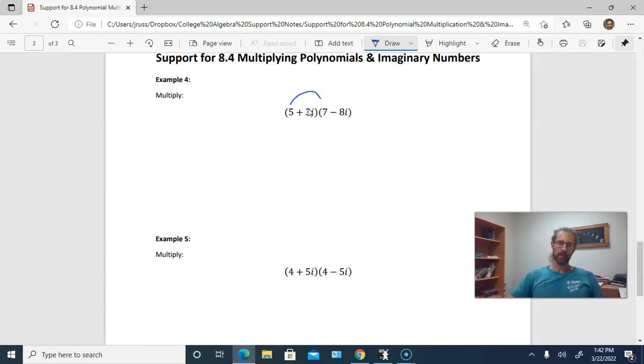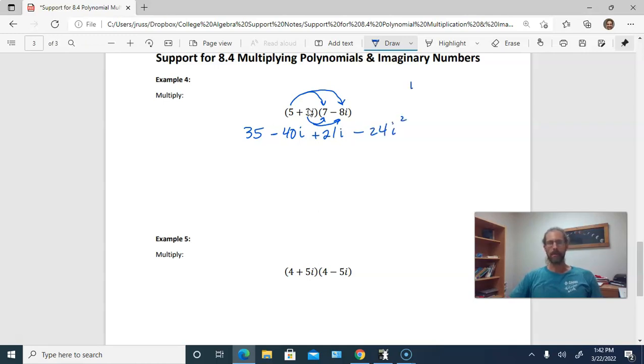But we're going to say 5 times 7 is 35. 5 times -8i will be -40i. 3i times 7 will be 21i. And then 3i times -8i will be a -24i squared.